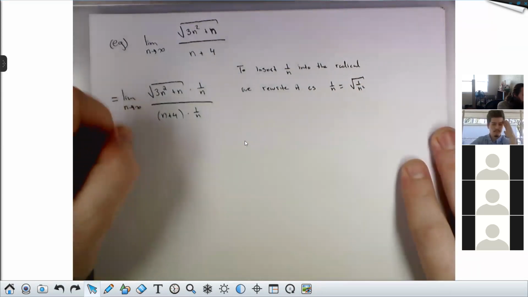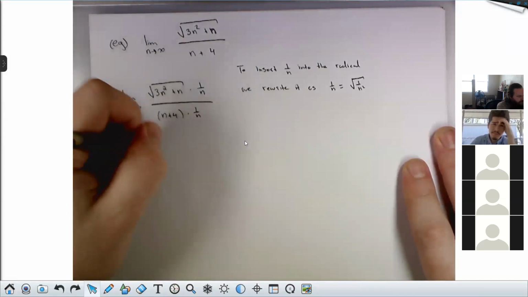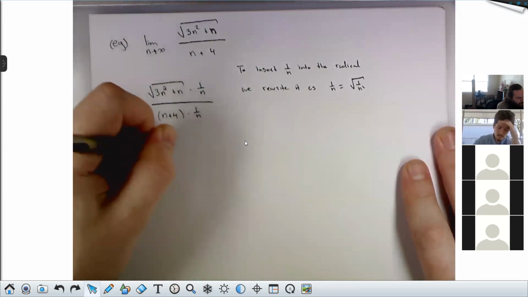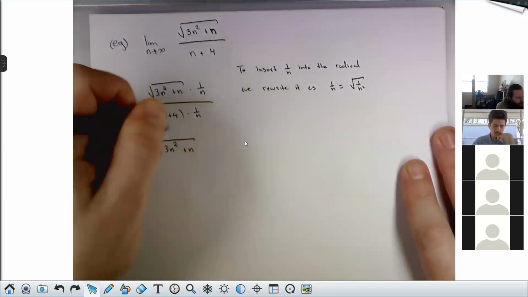And you may remember this trick from Calc 1. This is something that you're supposed to learn back in section 2.6. But it's usually talked about for a few days and then you never see it again. So it's also understandable if you've forgotten it.